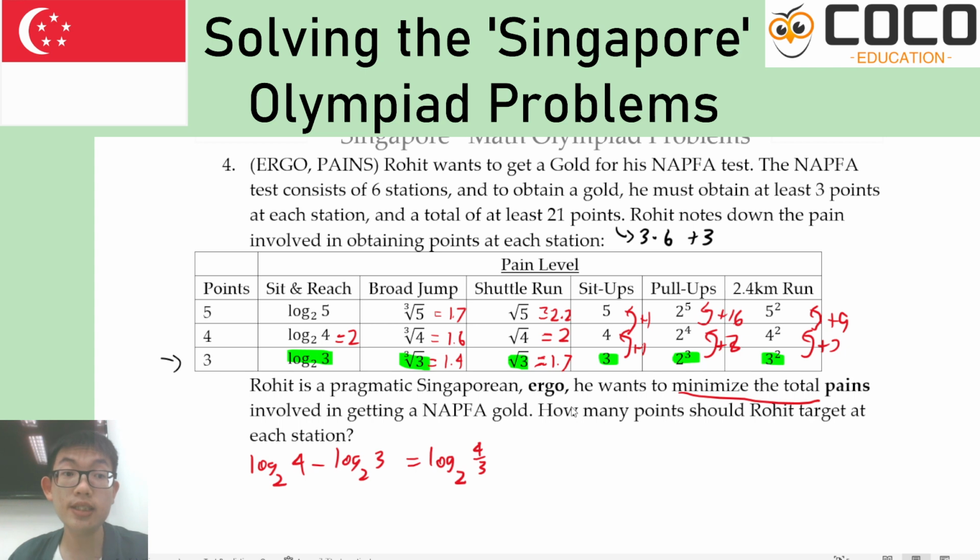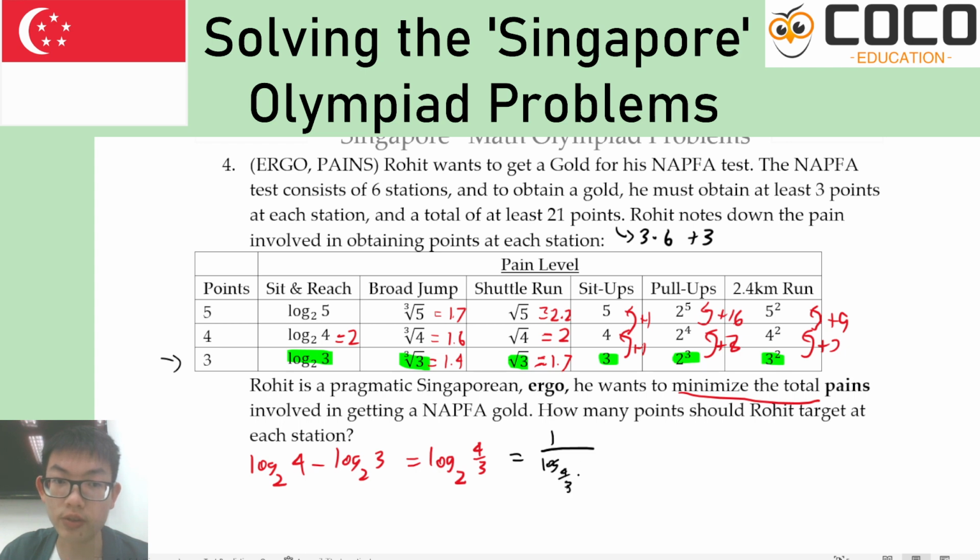And the answer is actually quite a lot. This is not that small, because this is 1 over log base 4/3 of 2.